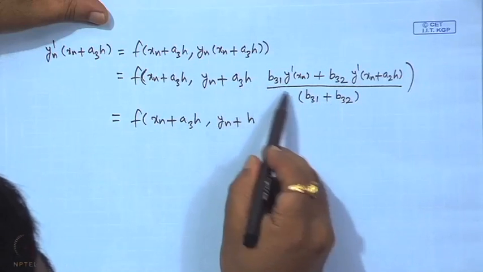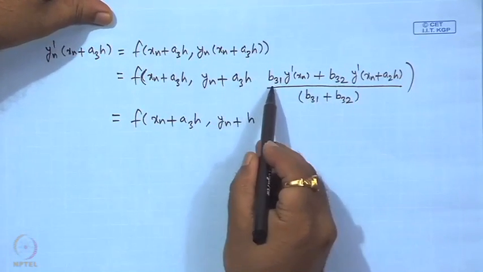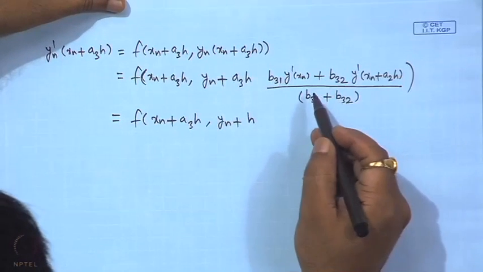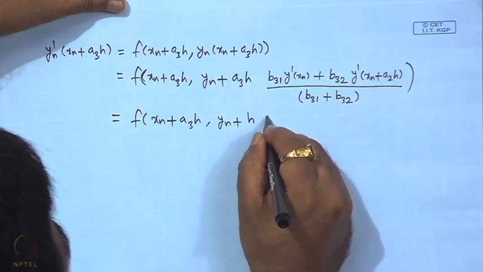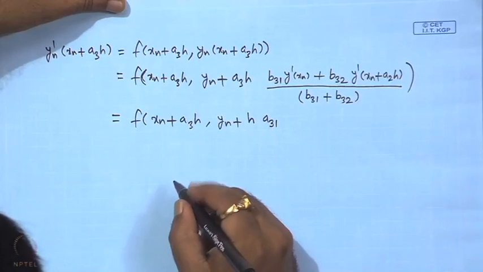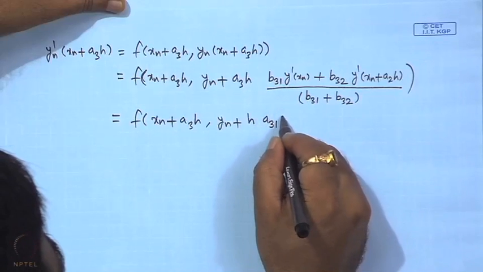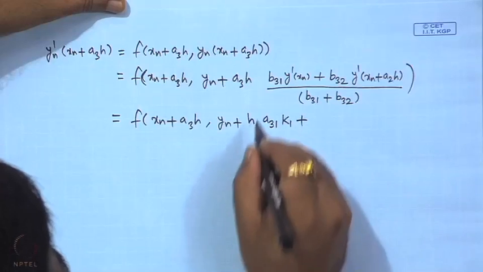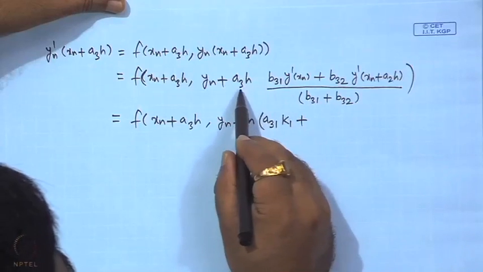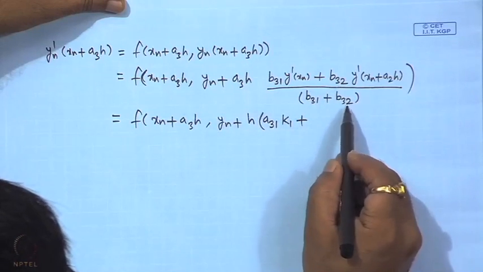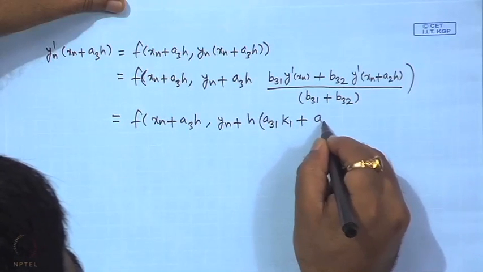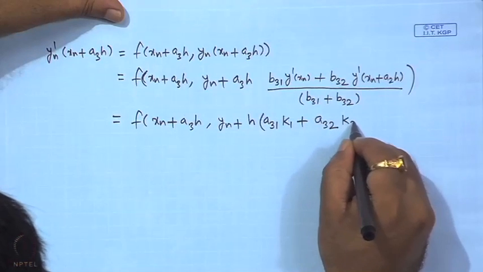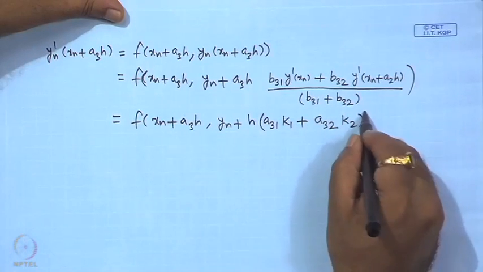So, a 3 multiplied by b 3 1 divided by this, we can call some new constant, and y dash of x n is just k 1 plus again a 3 multiplied by b 3 2 divided by this, this I call another constant, and y dash of x n plus a 2 h is k 2. Okay.